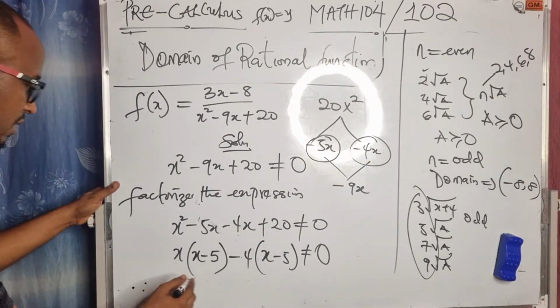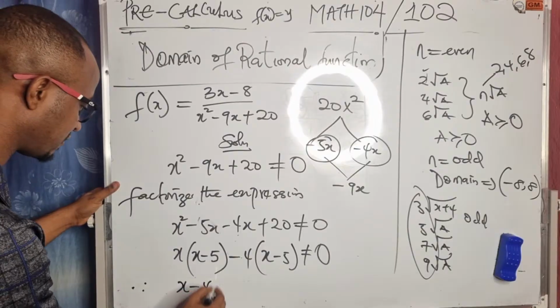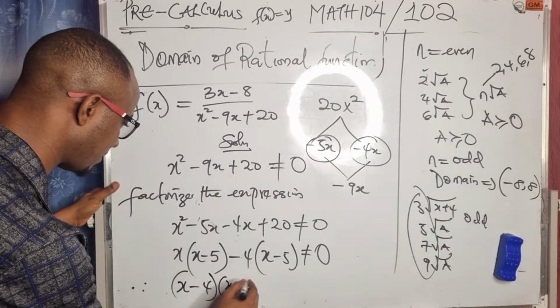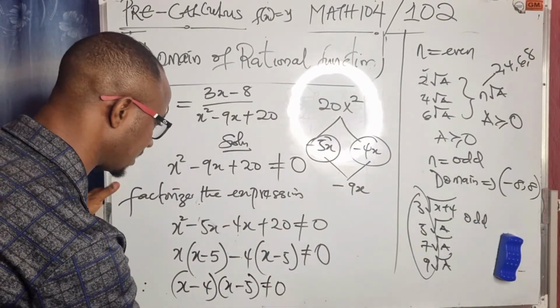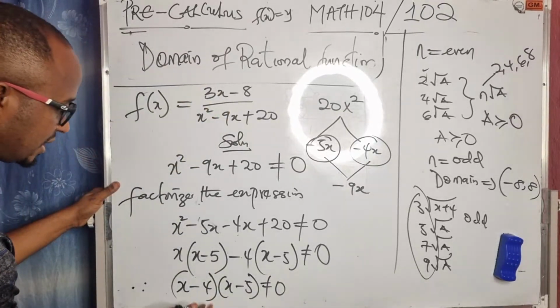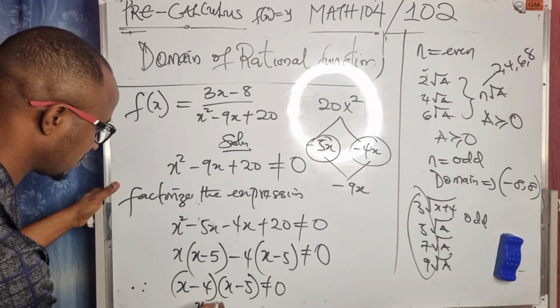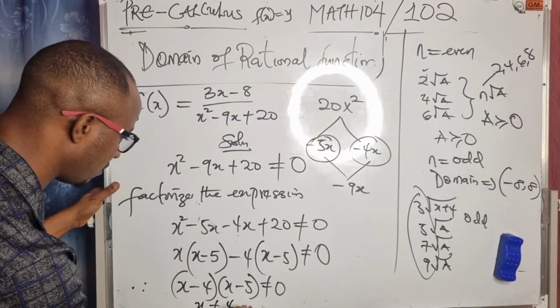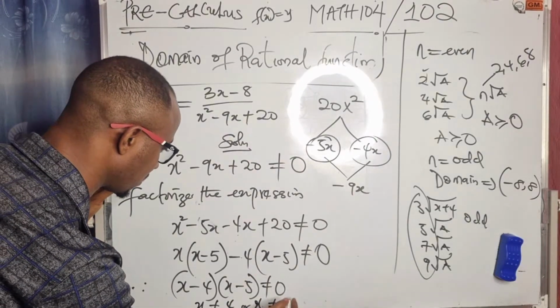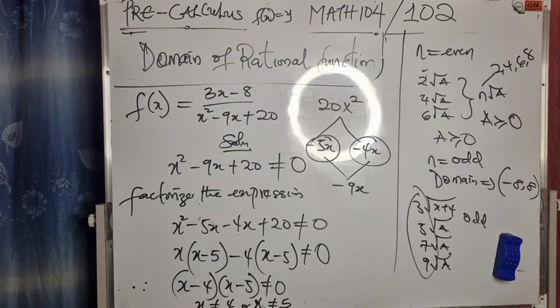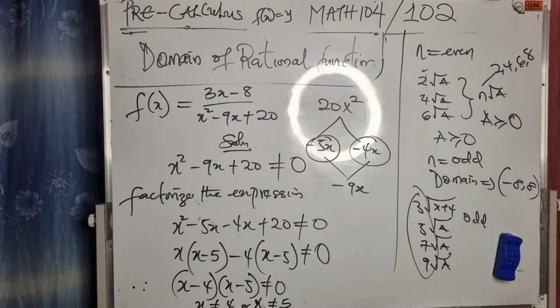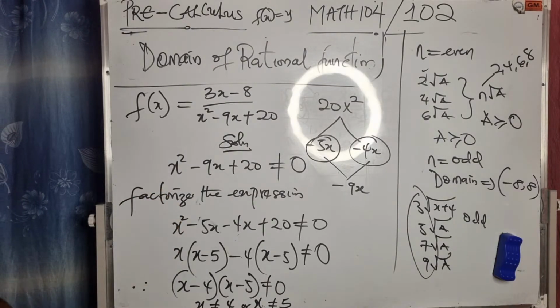Therefore, this simply means s minus 4 and s minus 5 not equals to 0. So by the time we proceed here, this implies s is not equals to what? 4, or s is not equals to what? Somebody? 5. Now, what is the domain of this function?